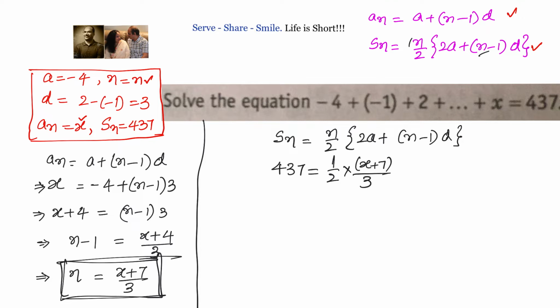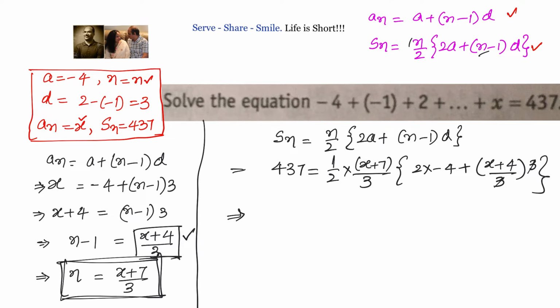Multiply with 2a, 2 into minus 4, plus n minus 1. We know n minus 1 is x plus 4 by 3. Multiply that with d, which is equal to 3. Let us simplify that. 3 and 3 will cancel. We can write in the next step 437 equals x plus 7 divided by 6, multiplied with minus 8 plus x plus 4.